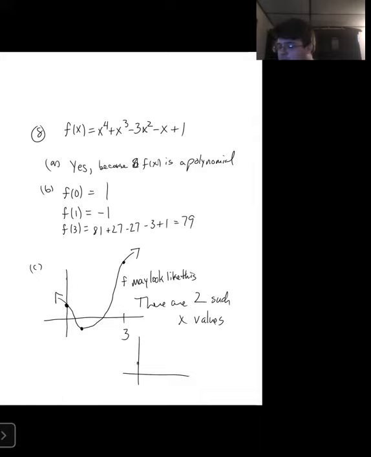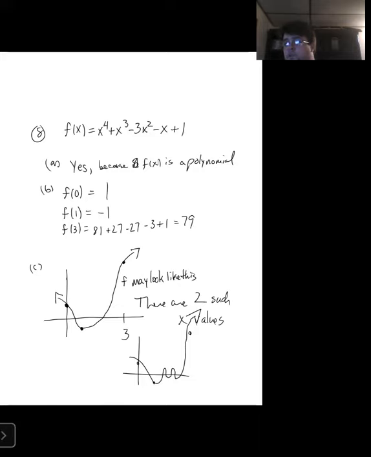We do know that it goes through these points. What if it looks like this? I mean, it doesn't, but based on what we know, it could look like this. And in this case, it has 1, 2, 3, 4, 5, 6 such x values.